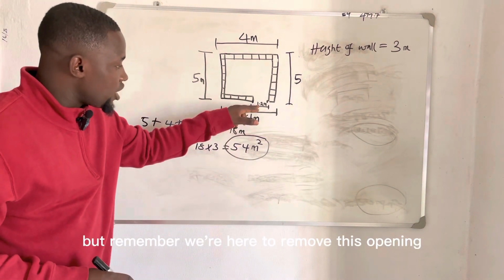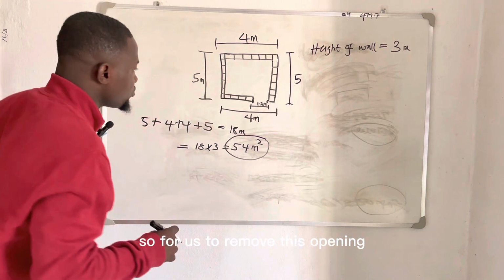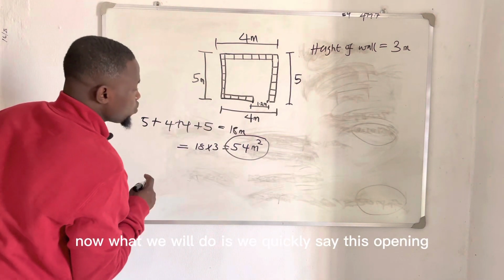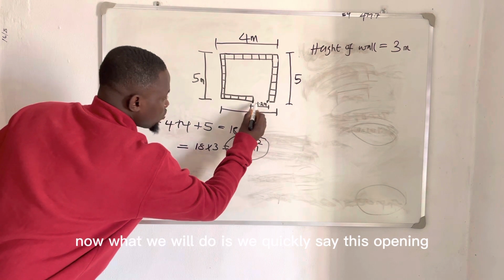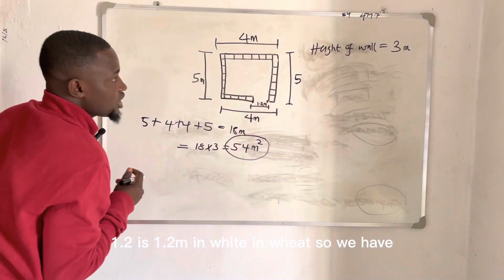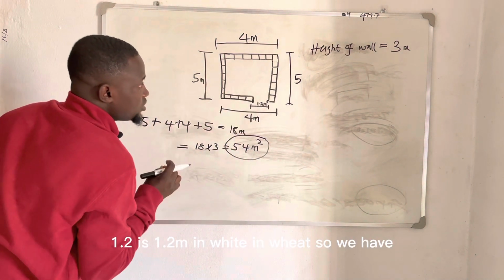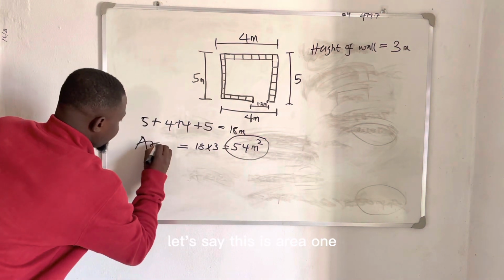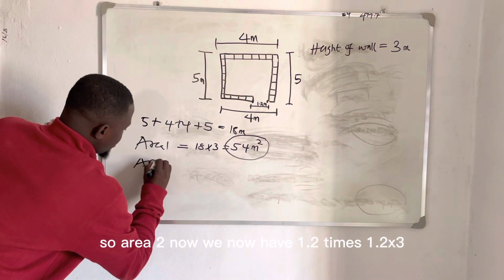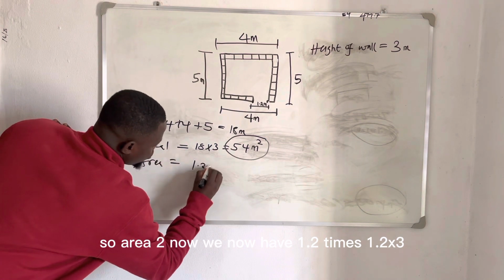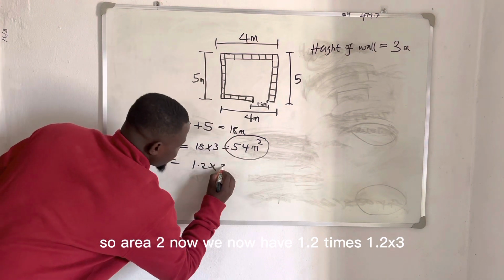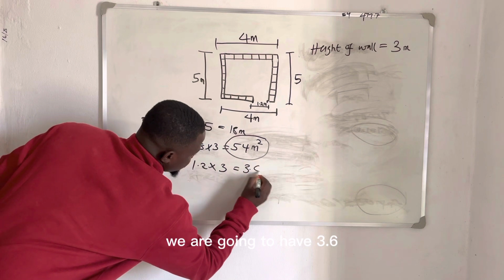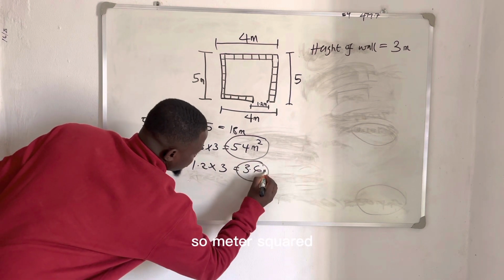But remember, we are here to remove this opening. For us to remove this opening, we quickly say this opening is 1.2 meters in width. So we now have the second area. Let's say this is area 1. So area 2 now, we have 1.2 times 3, which gives us 3.6 meters squared.